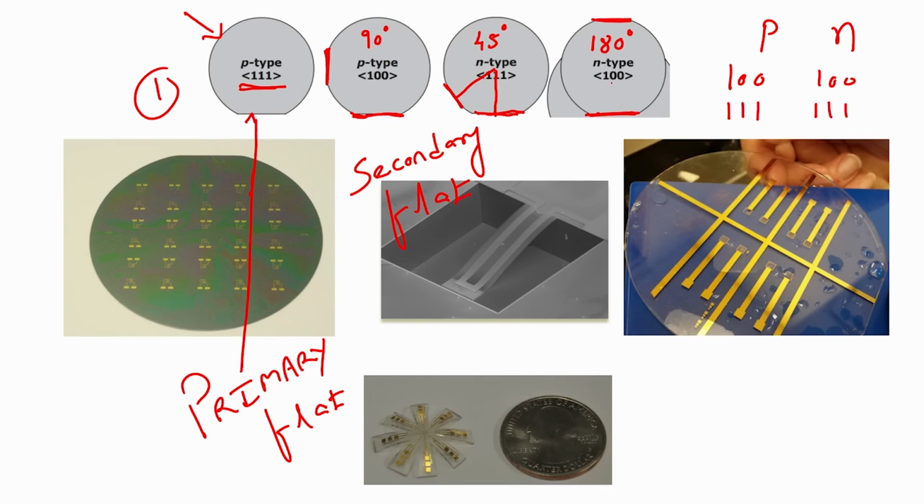If the secondary flat is at 180 degree, then I have n type 100. So, the primary and secondary flats are given to easily distinguish between n type and p type and to distinguish the orientation of the wafers, whether it is 100 or 111, whether it is n type or p type.